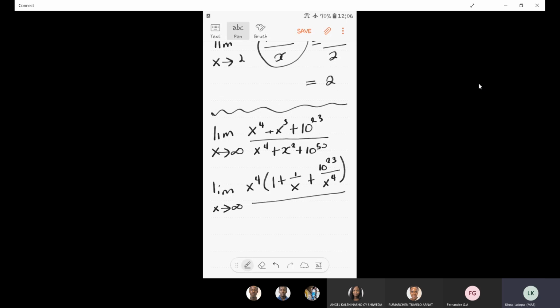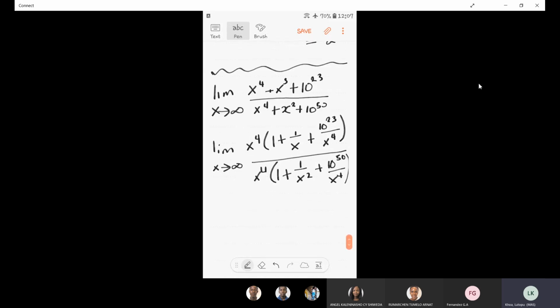And then in the denominator, I have x to the power of 4, 1 plus 1 over x squared plus 10 to the power of 50 divided by x to the power of 4. Right, then these two, x to the power of 4, x to the power of 4, will cancel each other out.